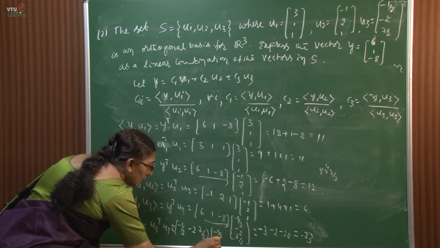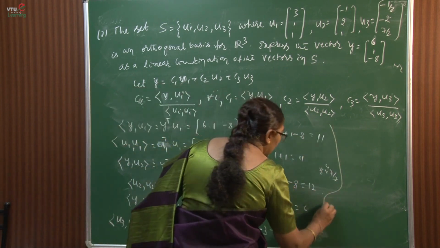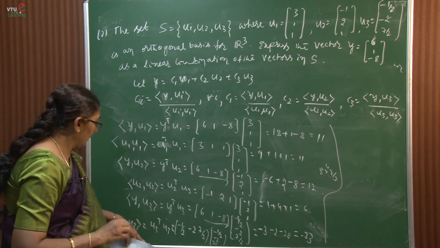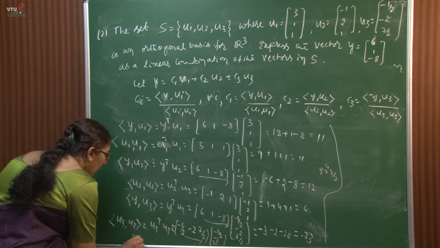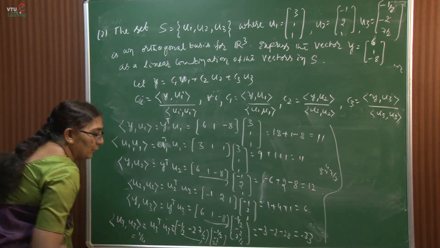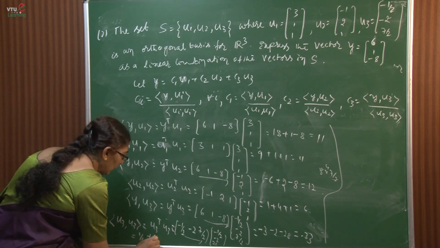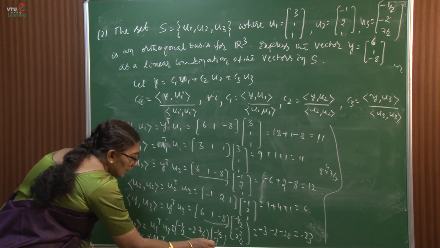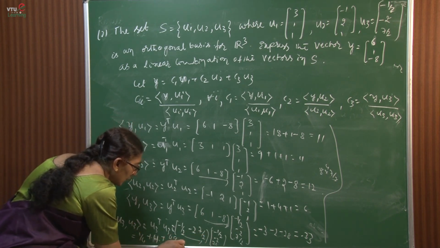Multiply this row: 1/2 times 1/2 is 1/4, minus into minus, plus 2 times 2 is 4, and then plus 7/2 times 7/2, which is 49/4.